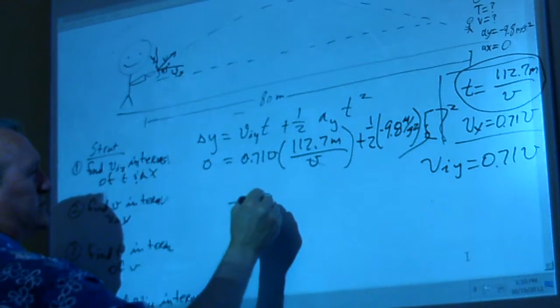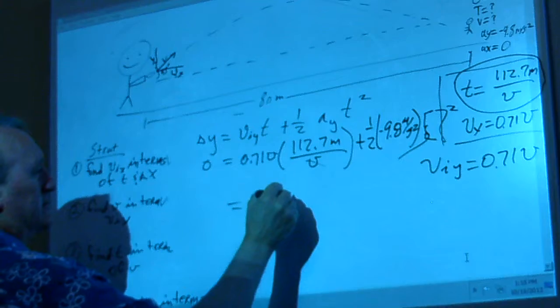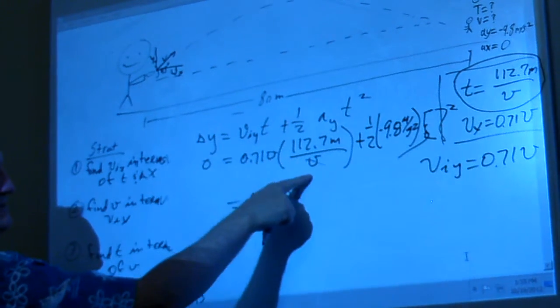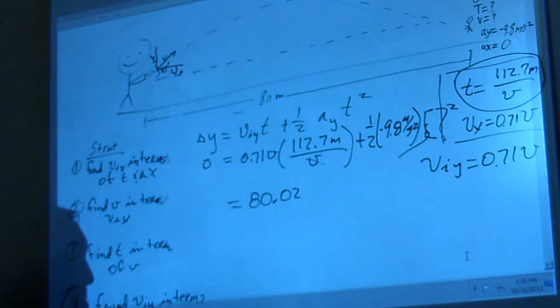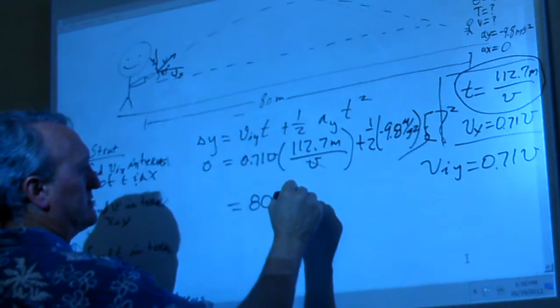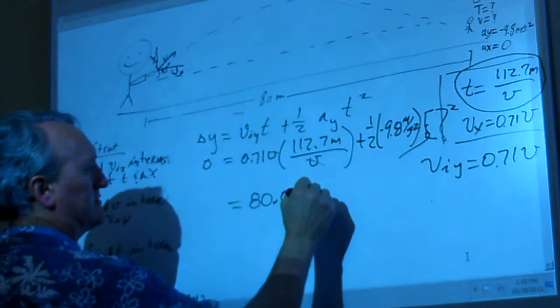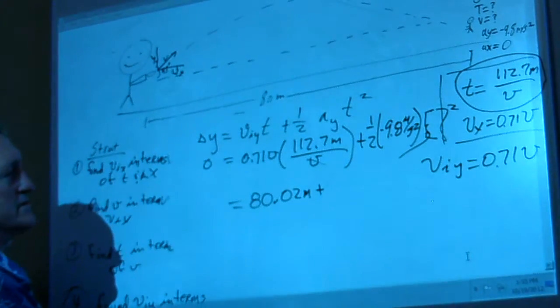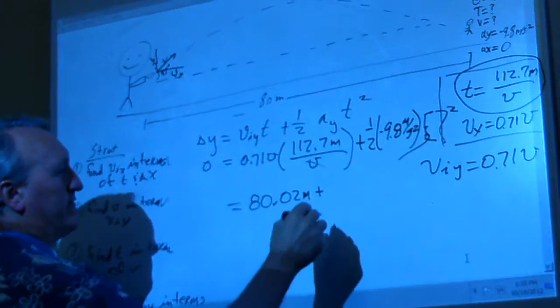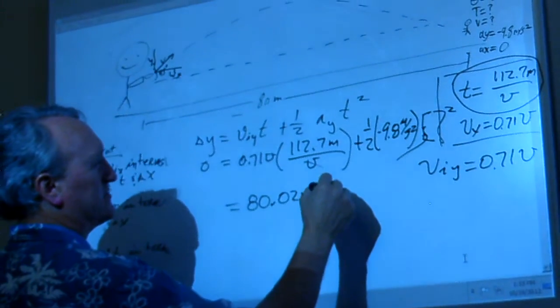So 80.02 meters, plus half of 9.8, I'm going to call that 5 just for simplicity.